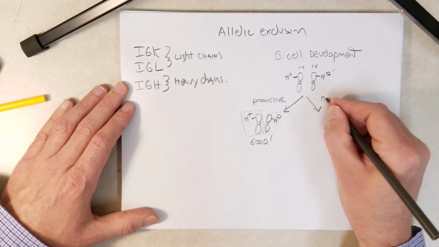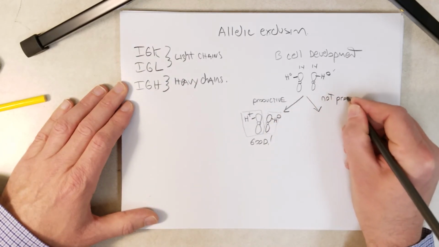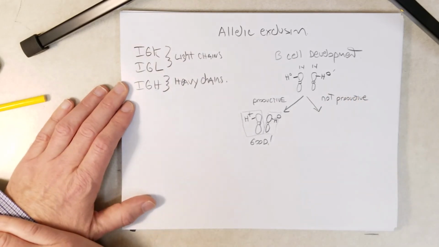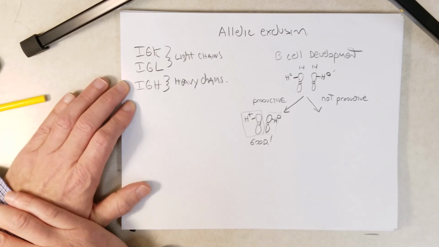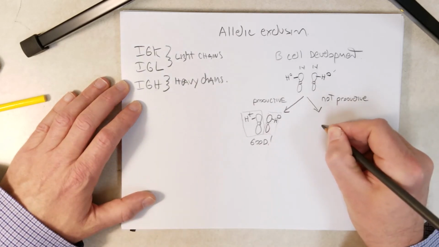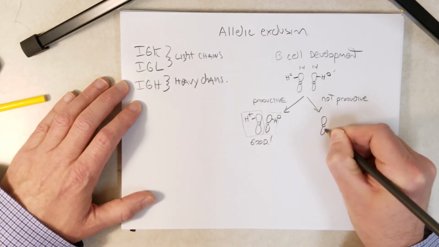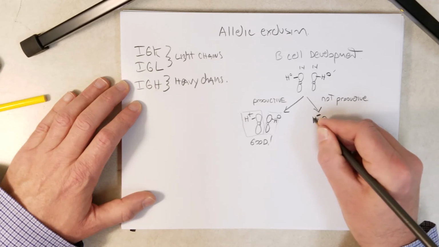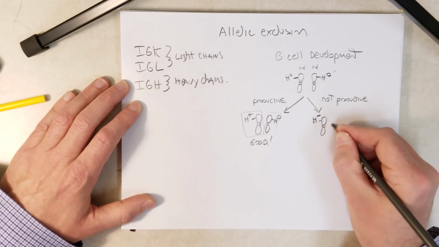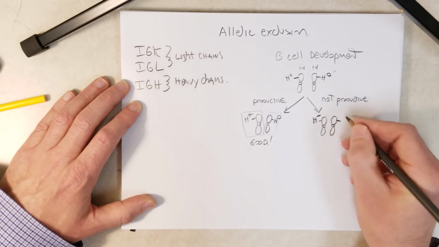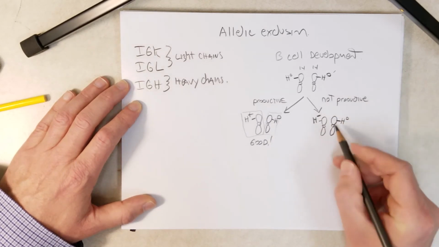However, if it's not productive, so if let's say the addition of the P and N nucleotides led to the insertion of a stop codon or a frame shift that led to a non-functional protein, we're going to call this one H minus now. Somehow the cell knows that that failed, and it will try again over here, with this one.